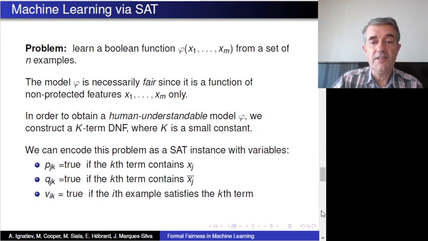Once we've fixed a small constant for the number of terms, then we can set up variables for our SAT instance. There'll be variables to say if the kth term contains a feature xj, another one to say if the kth term contains the negation of xj, another variable to say if the ith example satisfies the kth term.